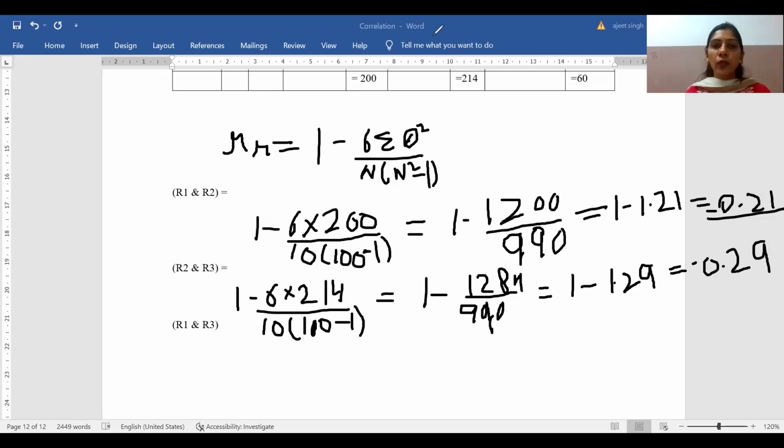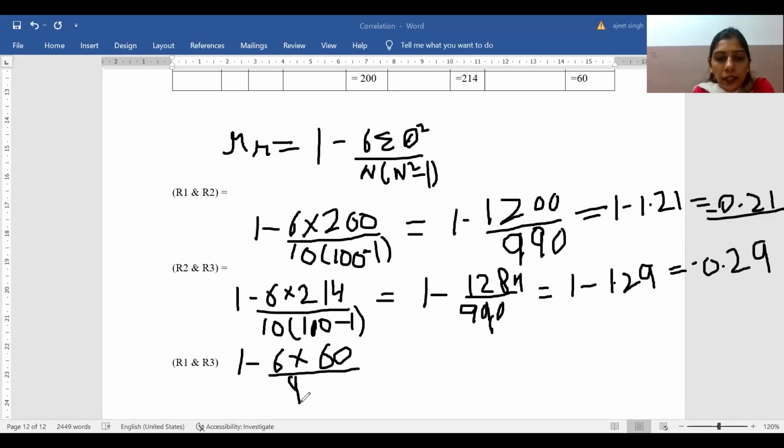Now let's calculate for judge 1 and 3. The procedure will be the same for this also. 1 minus 6 into, the difference of R1 and R3 is 60. Let's write it here. And the lower part is the same, which is 990.